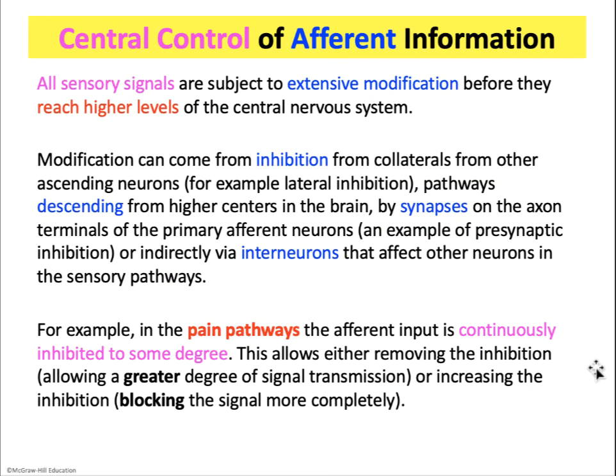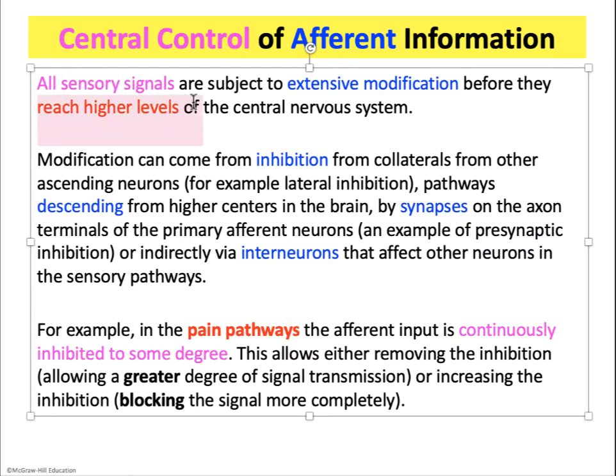Although we lack a complete understanding of how the central nervous system functions, we're beginning to understand various architectural aspects and regulation. One thing emerging from all this research is that the signals, as they are passed from the periphery to the central nervous system, go through extensive modification before they reach the higher levels of the central nervous system.